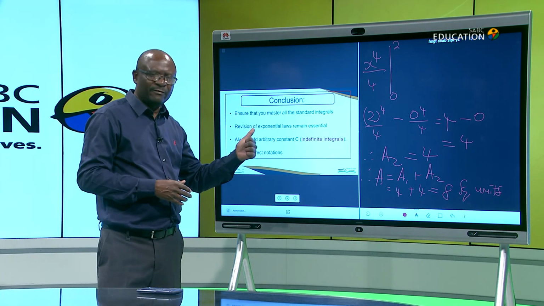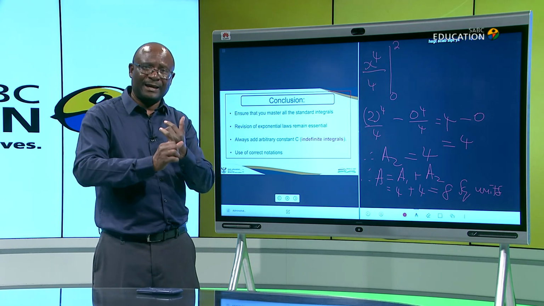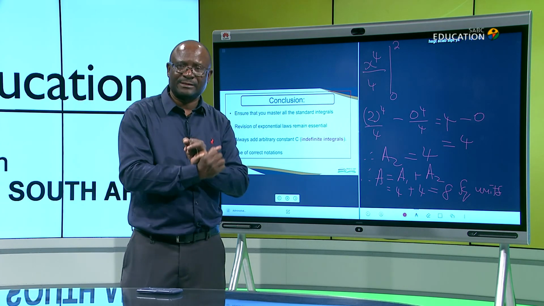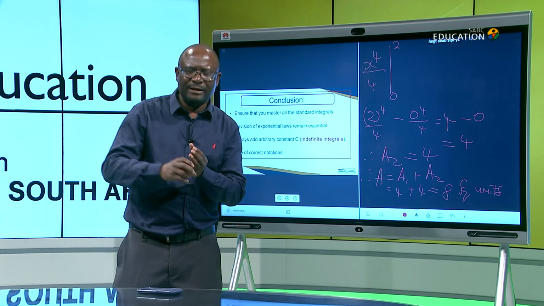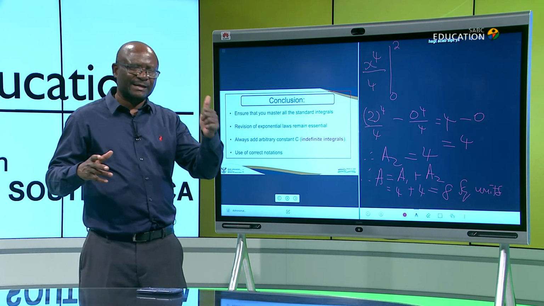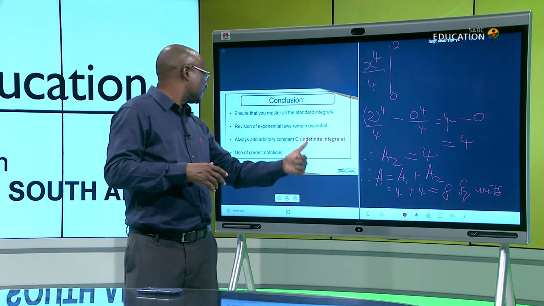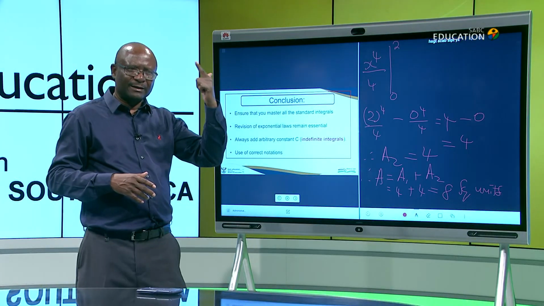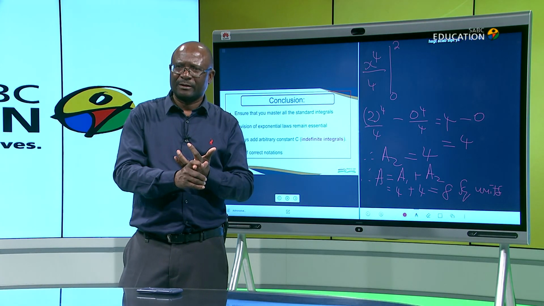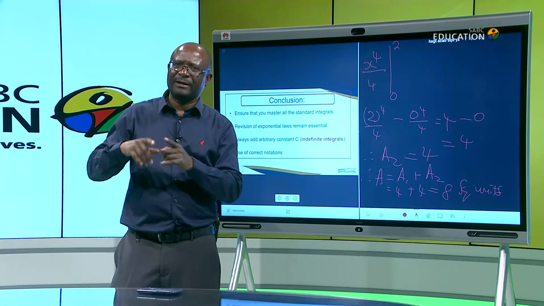Then, if ever you are dealing with indefinite integrals, you must add the arbitrary constant c. But if you are dealing with a definite integral, your answer must be a number. Again, if you are to calculate the area, you must always remember your area cannot be negative.